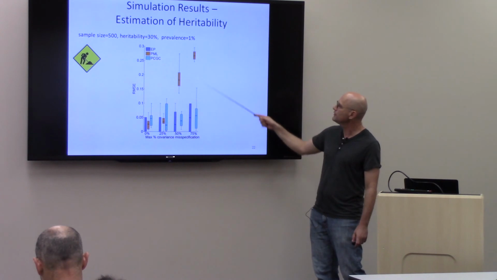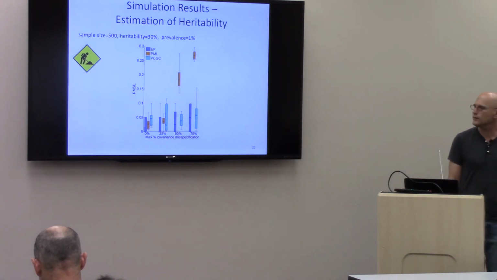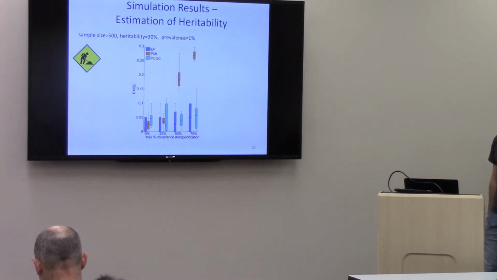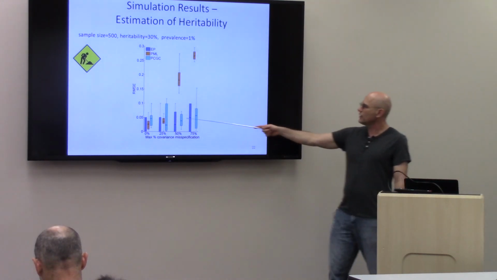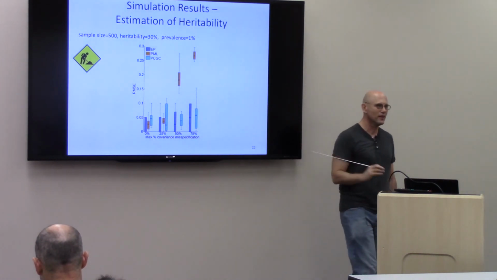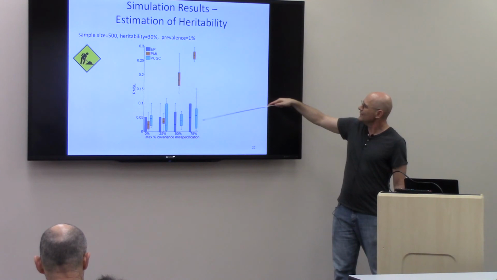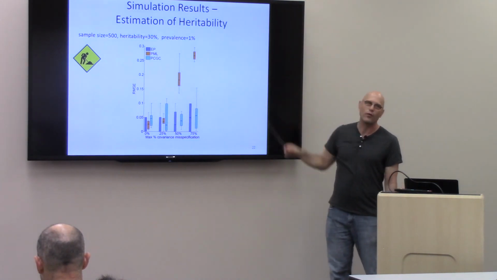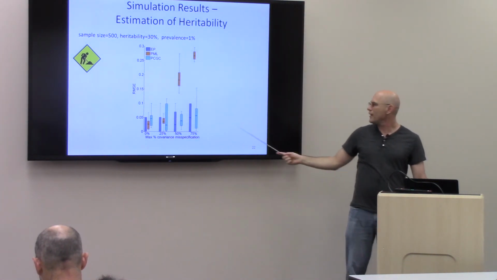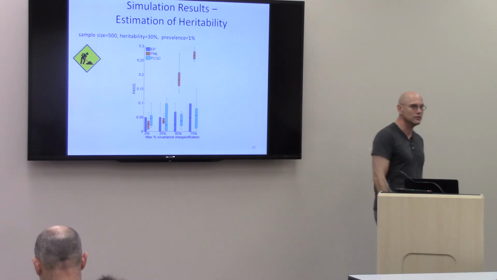When it's not well specified, we see that the pairwise method suffers a lot more than the other methods. And then we can go and apply to real data and see what picture we get. This implies that when we apply the methods to real data, we should get similar results between them, maybe. Or if the data doesn't comply with our assumptions, then we may get pretty similar results from these two and different results from this one.